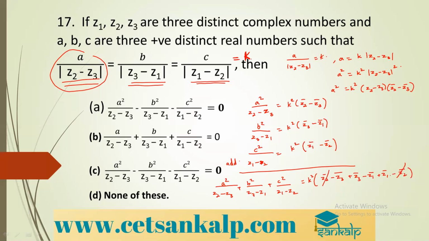So that all will cancel and I get 0 as the answer. That means I can go to option B. On adding all, I am getting 0 as the answer.